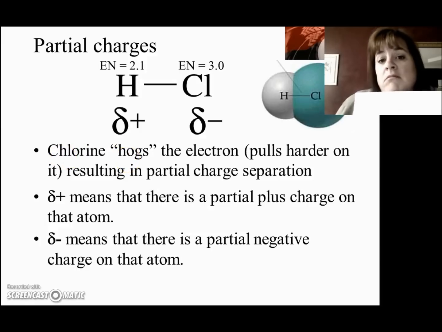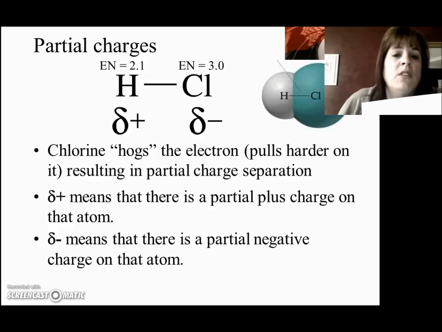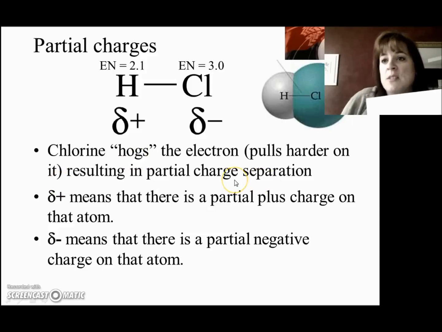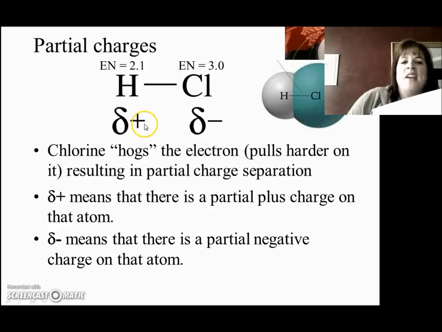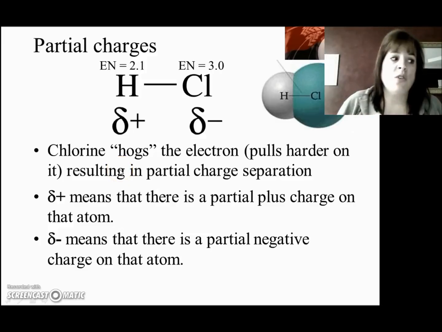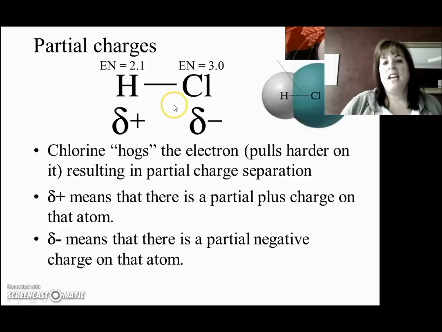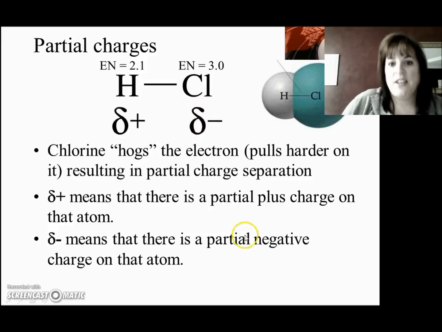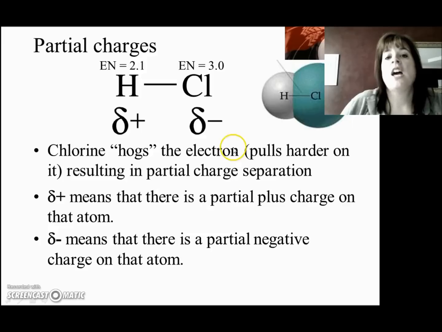It likes it better than hydrogen does. So maybe it's getting the Tootsie Rolls because hydrogen doesn't like Tootsie Rolls. Well, we get this partial charge separation, and this weird looking Greek letter delta here, plus, means that there's a partial charge on the atom. So it's not a complete positive charge, it's only partially positive. And this delta negative here means that there's a partial negative charge on chlorine.